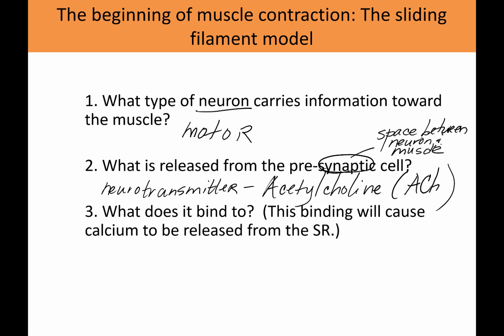Okay, and specifically a skeletal muscle in this case. So acetylcholine will be released in that tiny little space, and it will diffuse very slowly across this little synapse, and it will actually bind to a protein receptor that's on the sarcolemma. Again, that's the plasma membrane of a muscle cell.